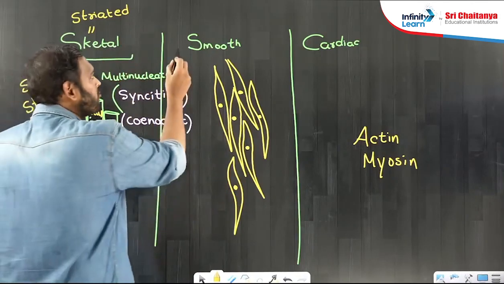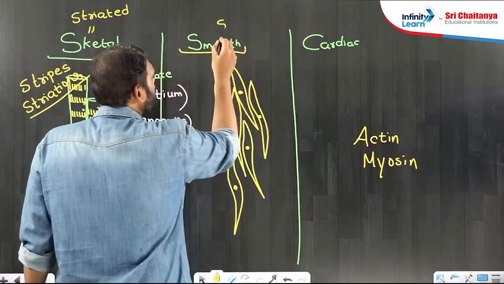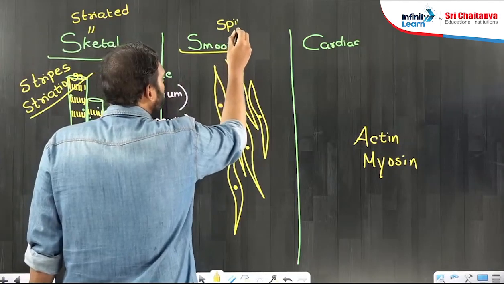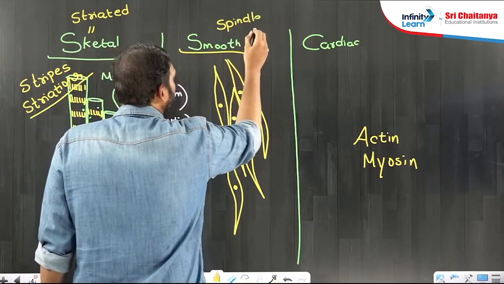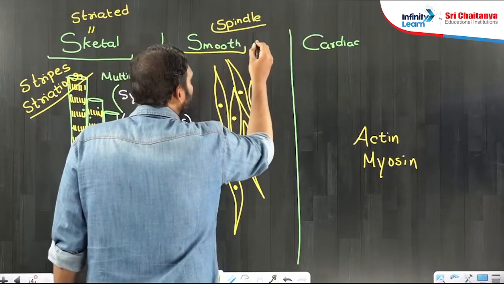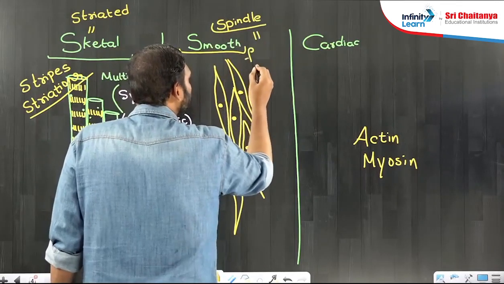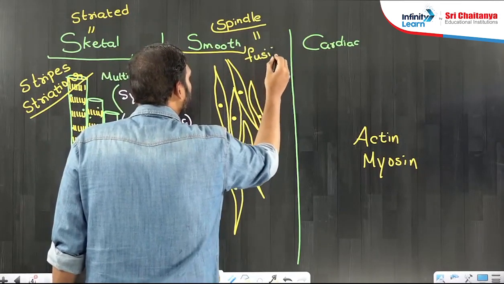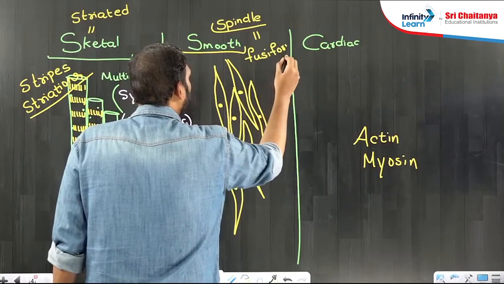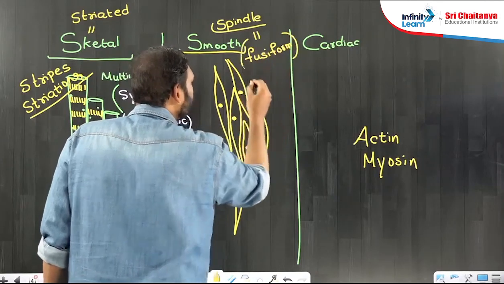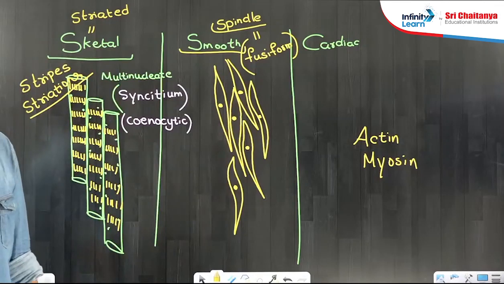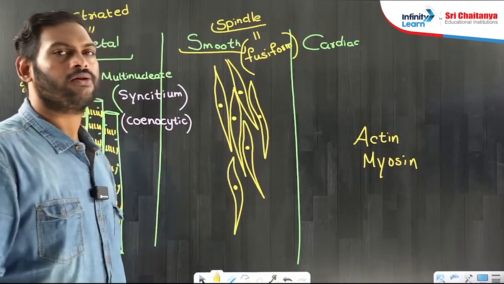So please be careful with this. Smooth muscles are spindle shaped, and spindle shaped is synonymous with fusiform. You can call them spindle shaped as well as fusiform.